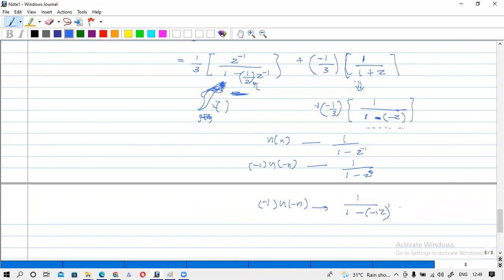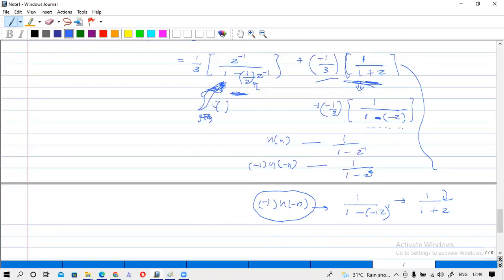Minus 1 z, then this is plus, and you will get 1 plus z. So this is the same, no? This will be your time domain signal for this series.